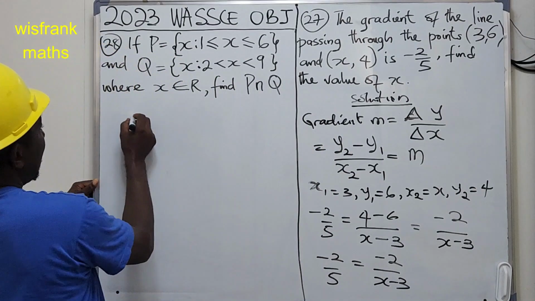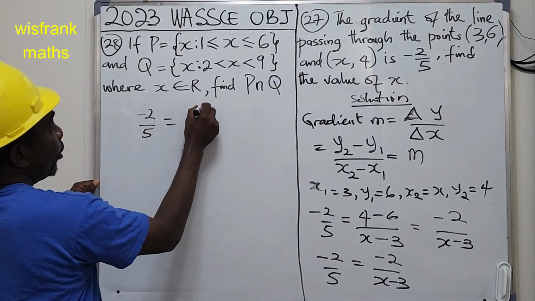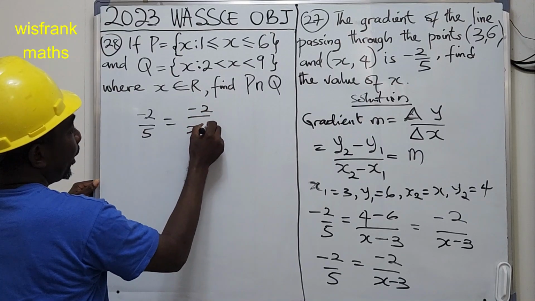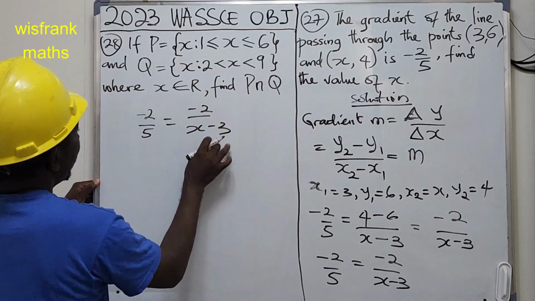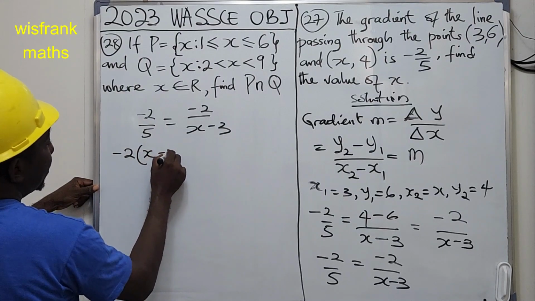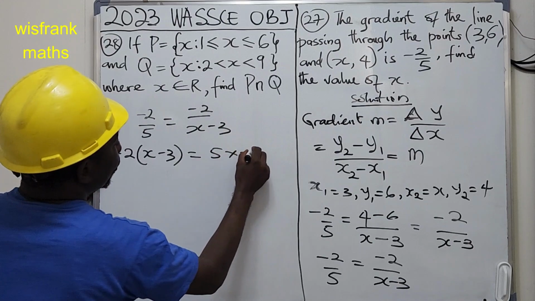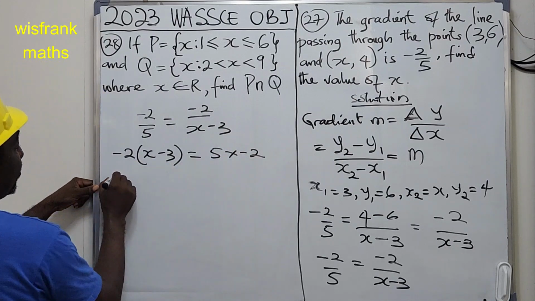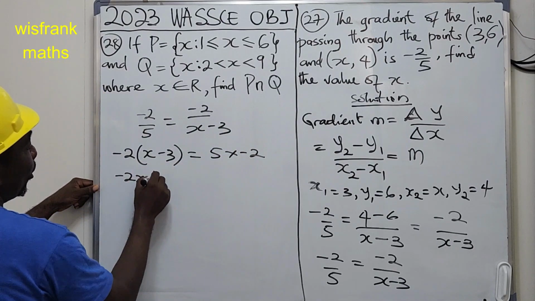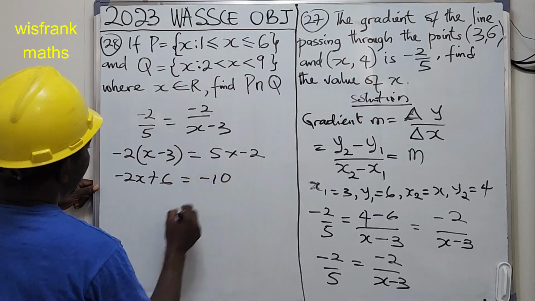We cross multiply: minus 2 times (x minus 3) equals 5 times minus 2. When we expand this, we have minus 2x plus 6 equals minus 10.